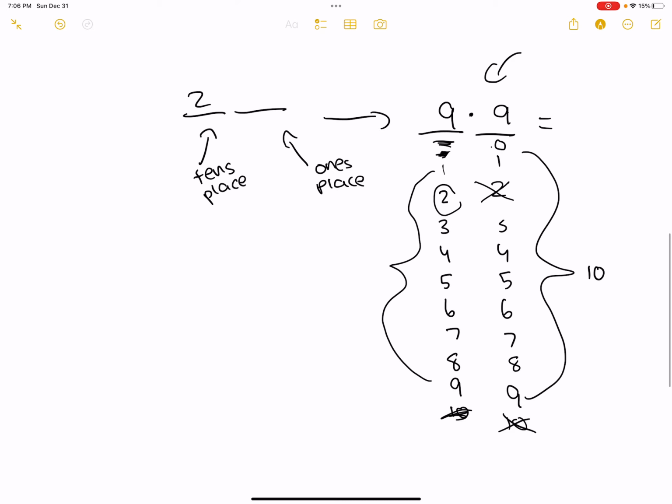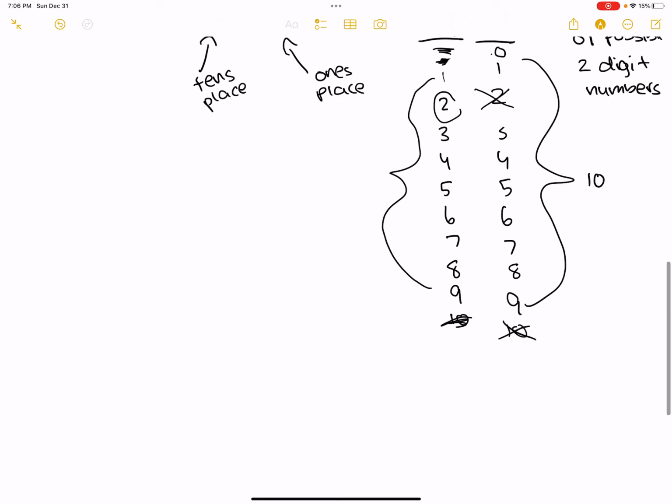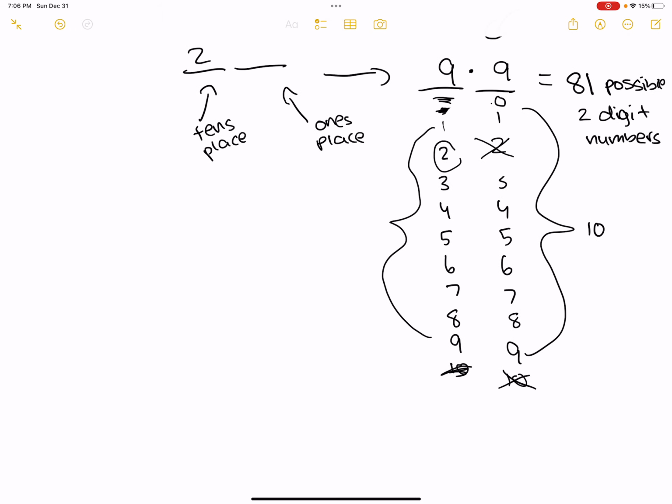So that would result in 9 possible choices for both the tens digit place and the ones digit place. So you would do 9 times 9, resulting in 81 possible 2-digit numbers where all the digits are distinct. So just like how we did that for a 2-digit number, let's try that with a 4-digit number.